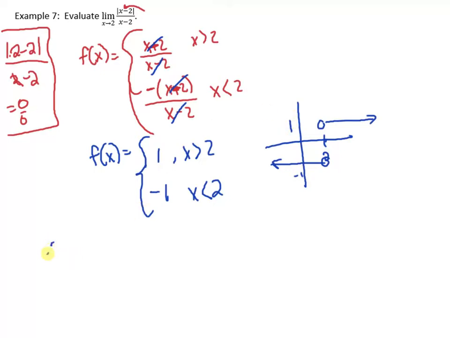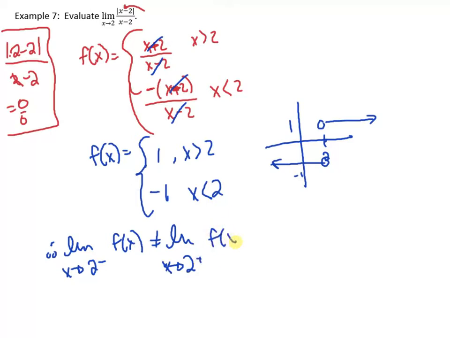Okay, therefore, the limit as x approaches 2 from the left of f of x does not equal the limit as x approaches 2 from the right of f of x. Therefore, the limit does not exist.